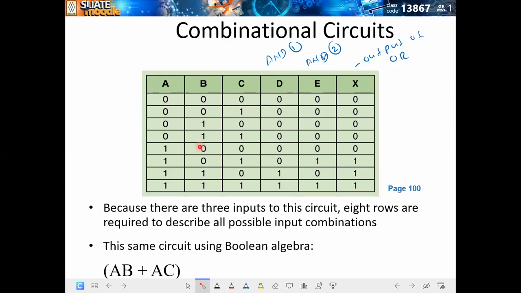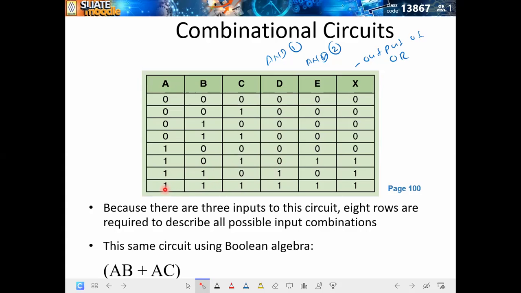Then here A is 0, B is 1, because of the AND gate it's 0. Right? If either one is 0, the output is 0, there's nothing to keep checking. And here A is 1, B is 1, so therefore D becomes 1. Because the behavior of an AND gate is, if both inputs are 1, you get 1 as the output.